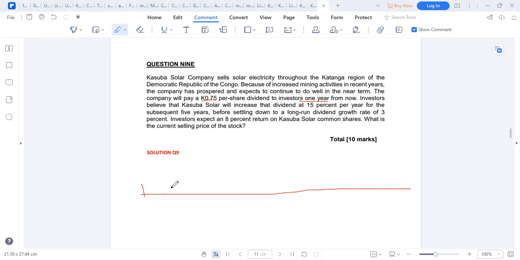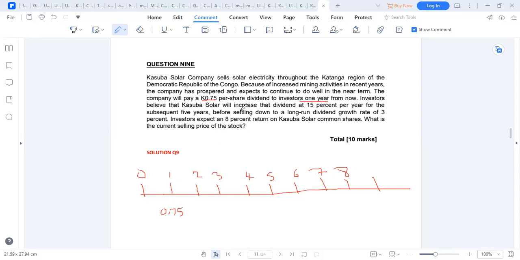So 1, 2, 3, 4, 5, 6. Here we have years 0, 1, 2, 3, 4, 5, 6, 7, 8. So where are we going to put the 0.75? On year 1. The English is where people were thrown off.